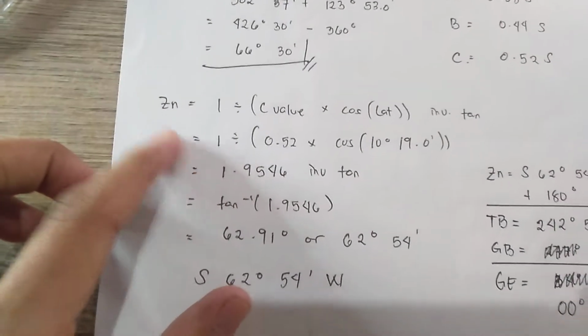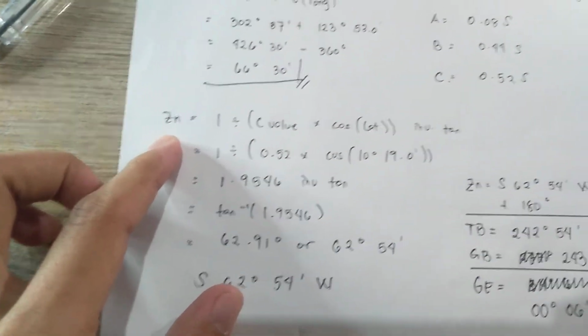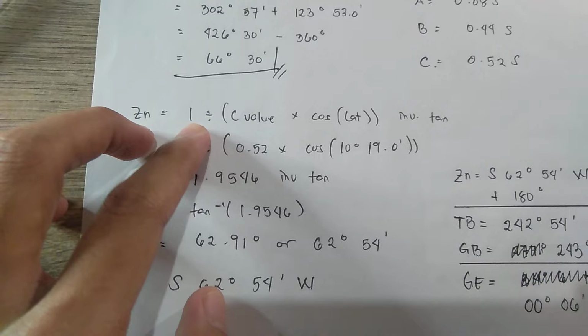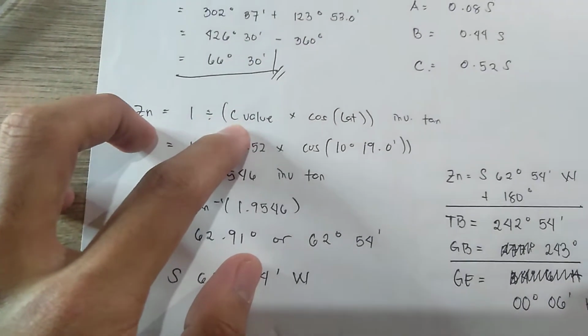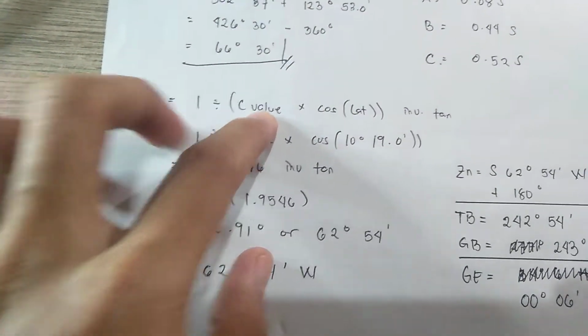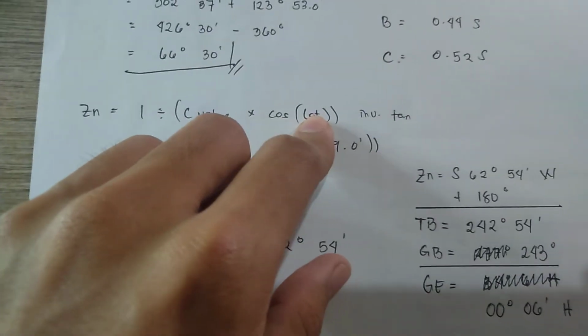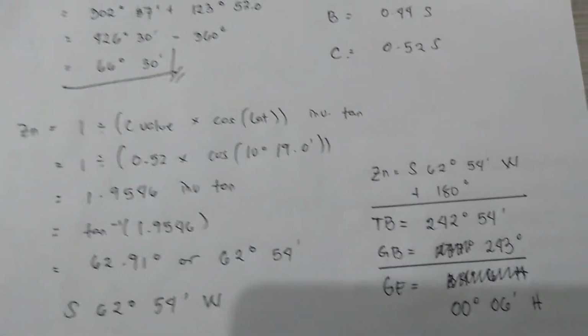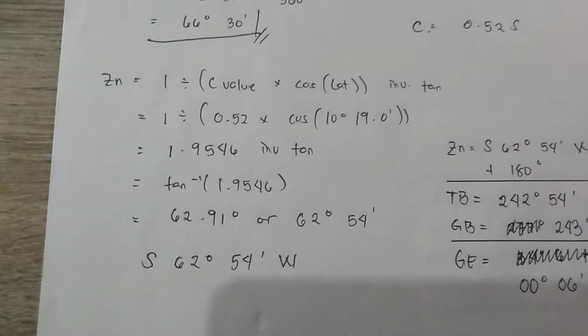For the ZN, or the azimuth, I just use this formula: 1 divided by the C value times the cosine of latitude, and then the result is the inverse tangent to get the angle.